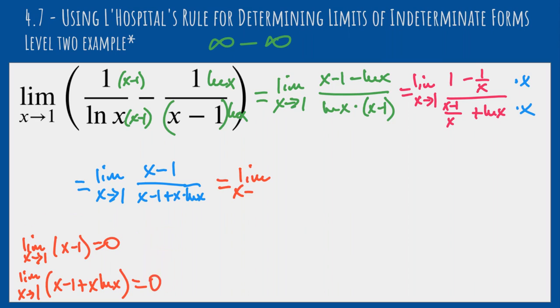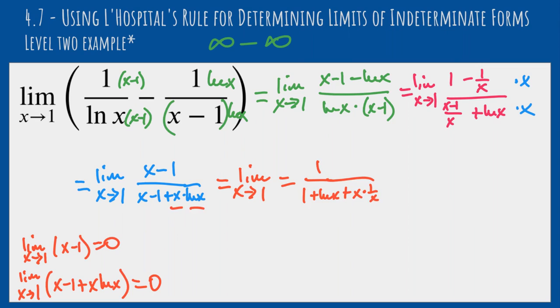So limit as x approaches 1. In the numerator, we're going to get 1. That's a good sign because that's not 0, it's not infinity, so we don't have an indeterminate form at this point. In the denominator, we're going to get 1. And then product rule here, derivative of the first times the second plus the first times the derivative of the second.